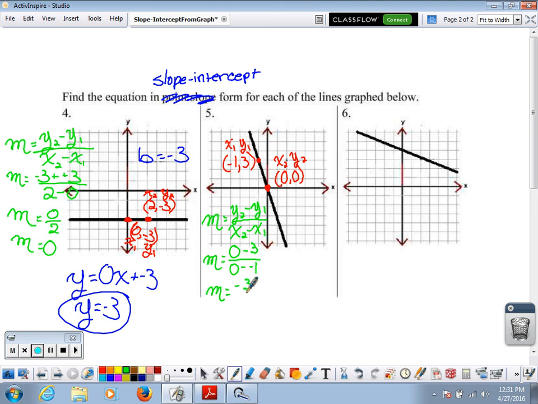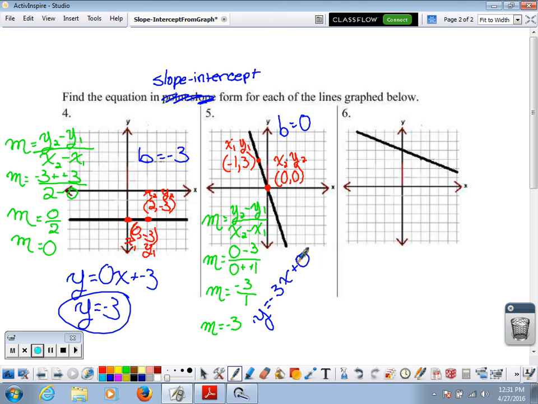Well, 0 minus 3 is negative 3, and minus a negative is plus plus, 0 plus 1 is 1, which means the slope here is negative 3. b is where this function crosses the y-axis, which is 0, 0, and the y-coordinate of that point is 0. So our function becomes y equals negative 3x plus 0.